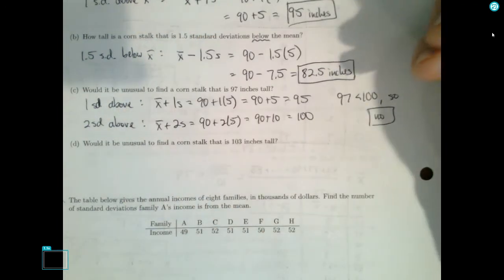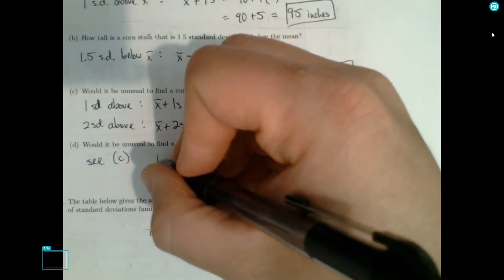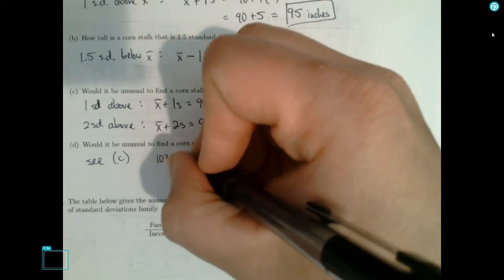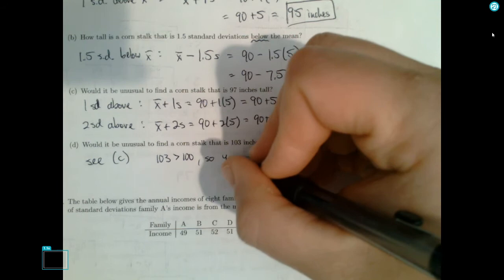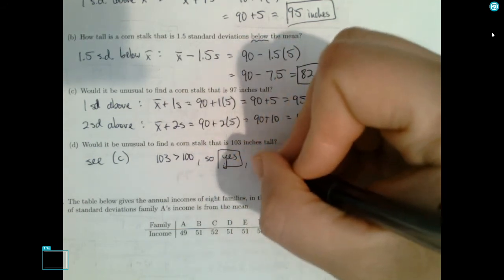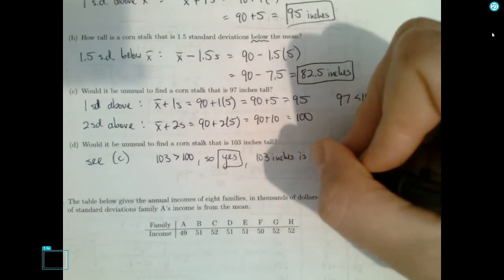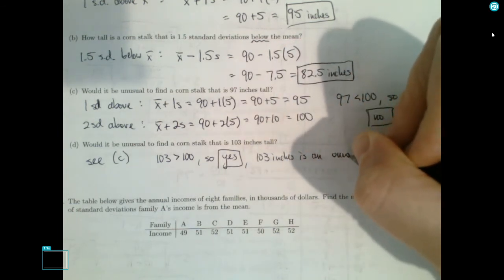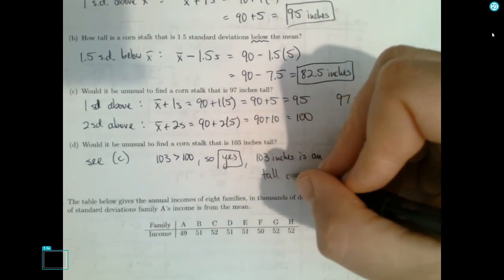So same work as part C. And then you can say, 103 is greater than 100. So yes, 103 inches is an unusually tall cornstalk.